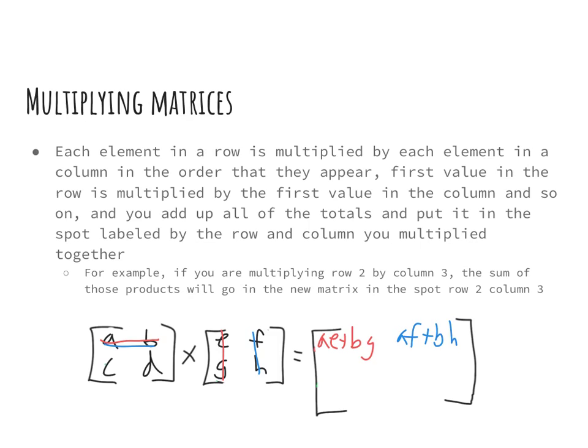Then I can move down to row 2, column 1, so CE plus DG, and that goes in row 2, column 1. And finally, row 2, column 2 would be CF plus DH. So it looks like that, and that's how we're going to be doing it.